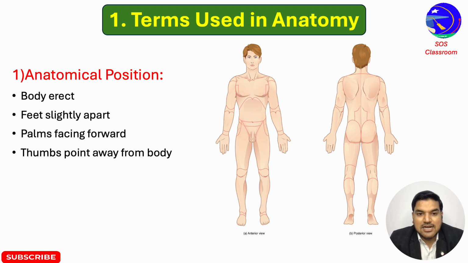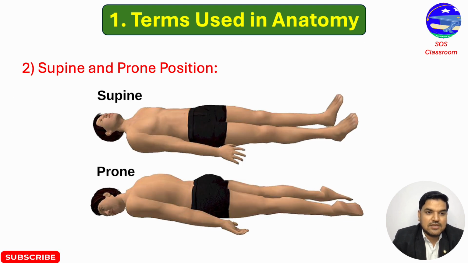When you are standing in that position, then we will start the different types of medical terms used in anatomy. The next position is the supine and prone position. There are different types of positions you will study in the fundamentals of nursing, but here are the supine and prone positions.